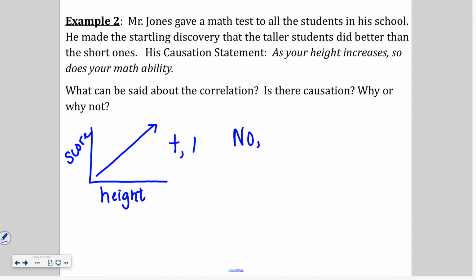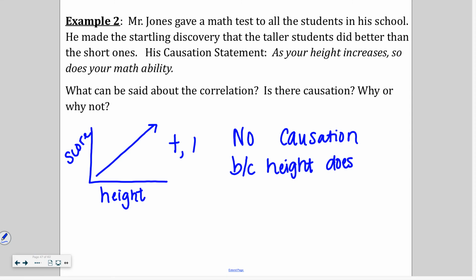Why is it not a causation? Let me put no causation. So no causation, because height doesn't affect your math ability, or doesn't cause math ability, however you want to say it.